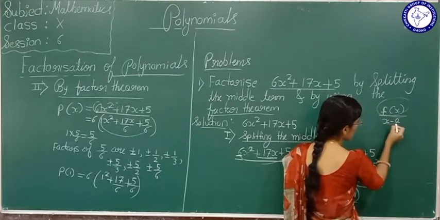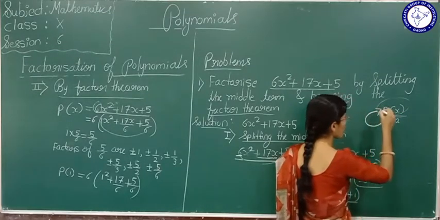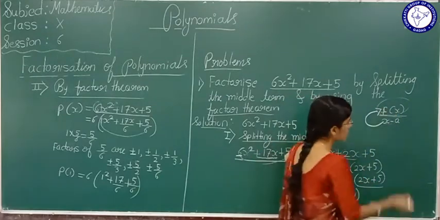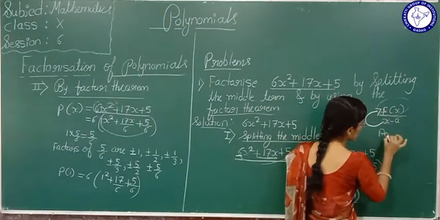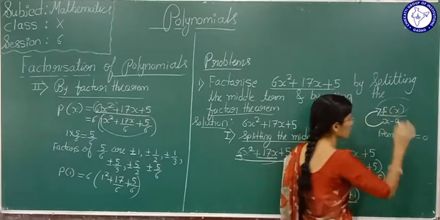If you divide it by x minus a, if remainder comes 0, at that time only you will tell x minus a is a factor of f of x.